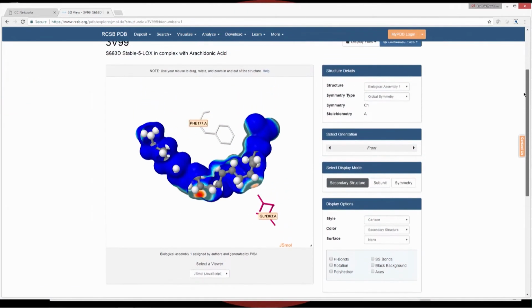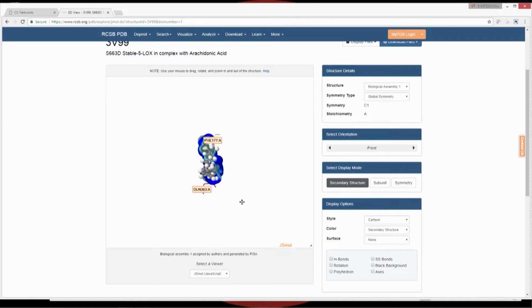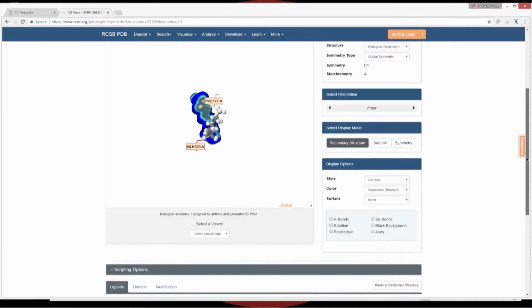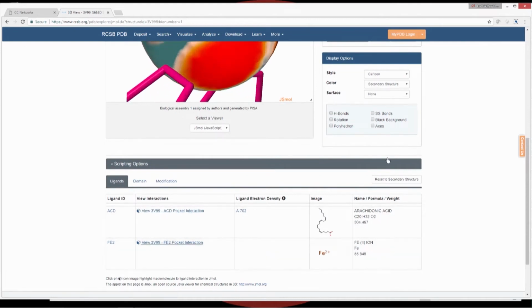You can see that this is your arachidonic acid, it is a long chain hydrocarbon. You can see the protein, and if you want we can even look at the ion that is present.